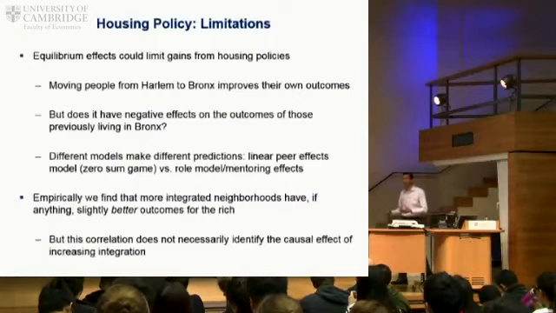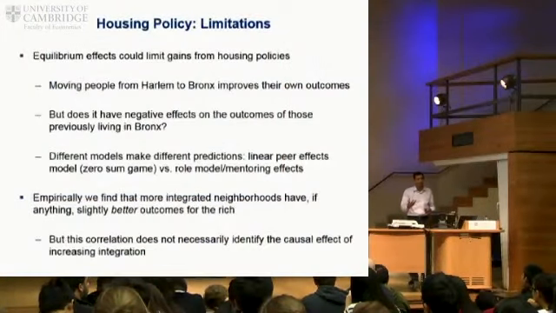In contrast, you can have a very different model where bringing in people who are not doing as well doesn't actually hurt the more affluent people who are already in the new area, if it's a model like mentoring effects or role model effects that lead everyone to do better when they're exposed to new ideas in a new environment. So it's really ultimately an empirical question which of these models is at play in determining why integration seems to matter.